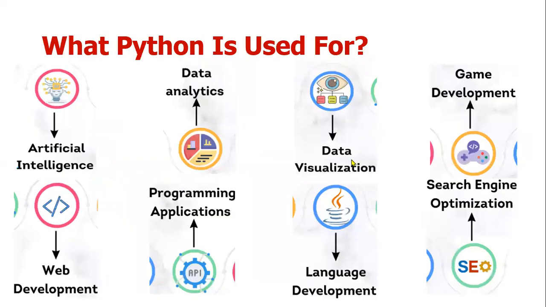And next, if you see what Python is used for, the main thing is that Python is used for different applications, guys. Like we can use Python for artificial intelligence related application development. These days, the reason Python has gained so much importance in the market is that Python has certain libraries and functions that are useful for artificial intelligence related application development, guys.